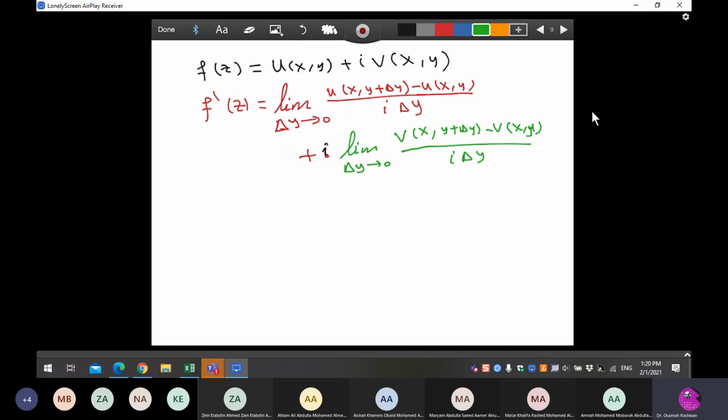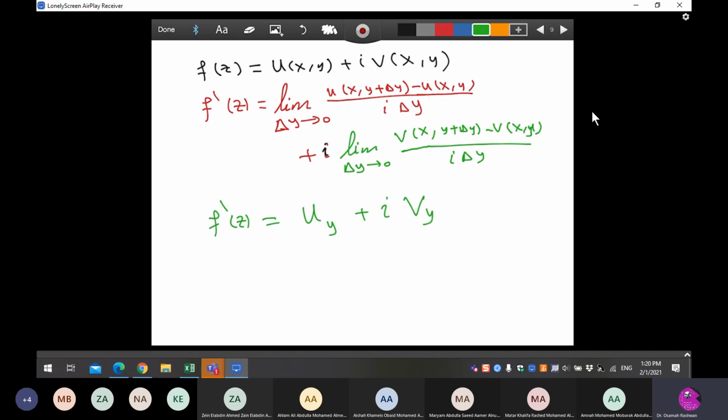So what is this one? This is the derivative of u with respect to y plus i the derivative of v with respect to y. This is the definition of the first derivative. As simple as that.